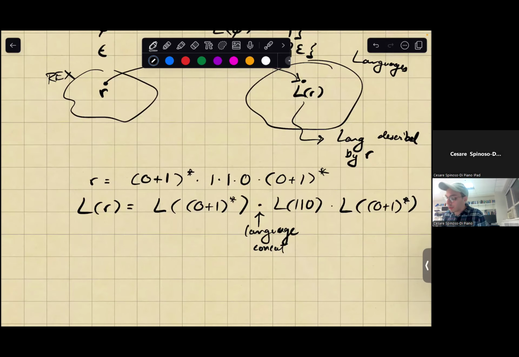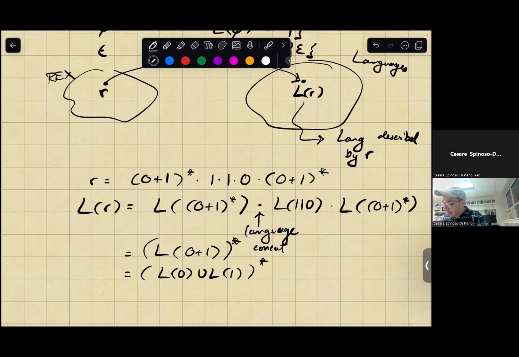Now, sorry, I was getting ahead of myself. Here, this regular Kleene star operation becomes the Kleene star operation for languages, so you can put it outside. And then for 0 or 1, the plus represents an or. In other words, L of something or something is that something union that something else. So that's going to be (L of 0 union L of 1) star.